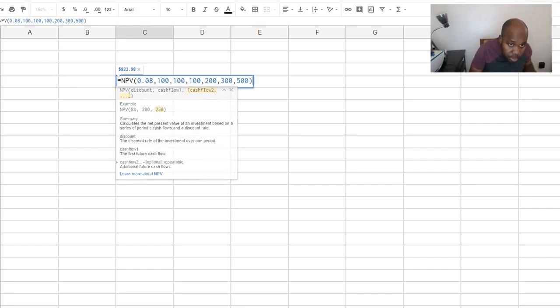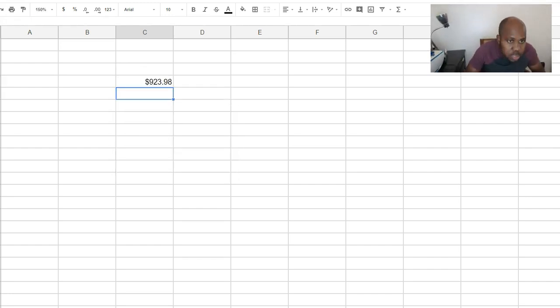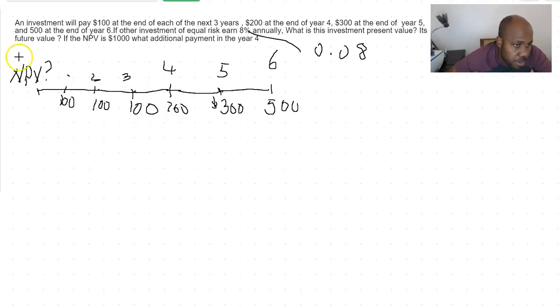So let me close the parentheses. So here's my answer. That's my net present value. It's as simple as that. So this is equal to 923.898.